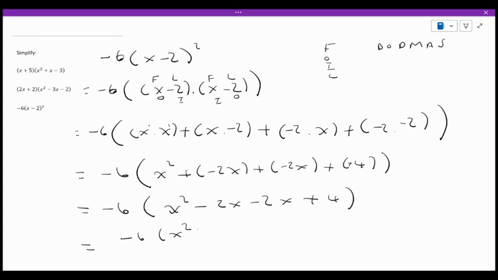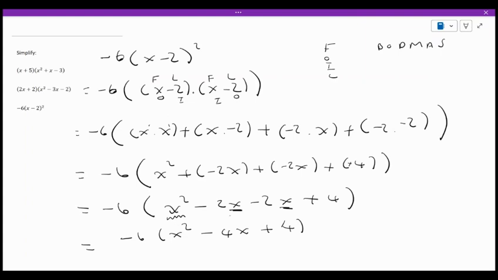We have to simplify, so we look at like terms. Here's an x squared, there's no other x squared, hence I carried it down. Here's an x, here's another x, so we add these because they're like terms. So we have minus 4x plus 4.